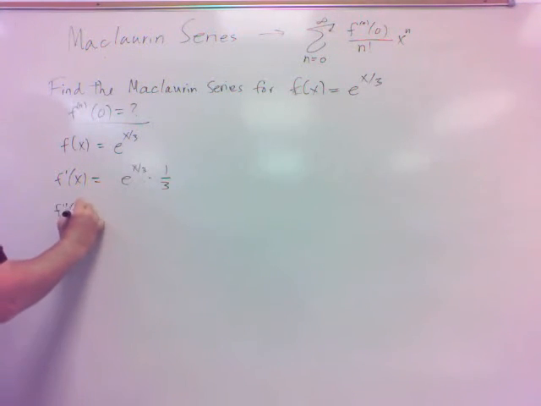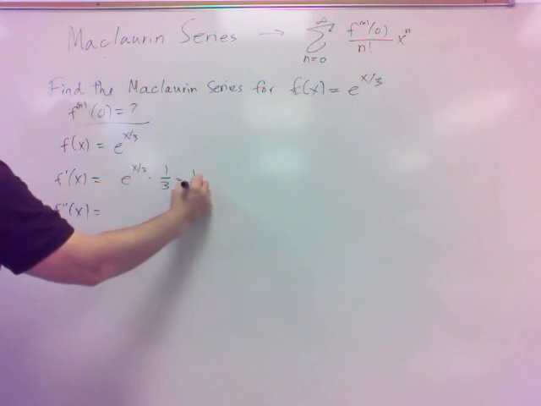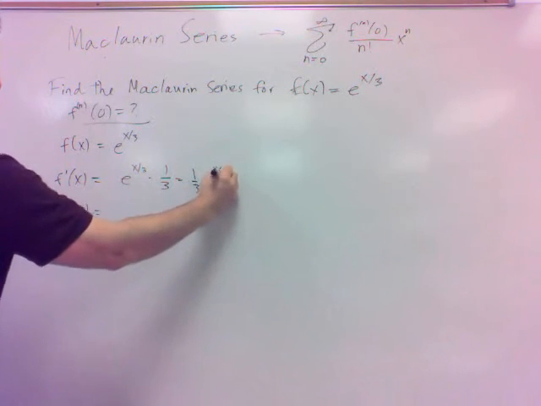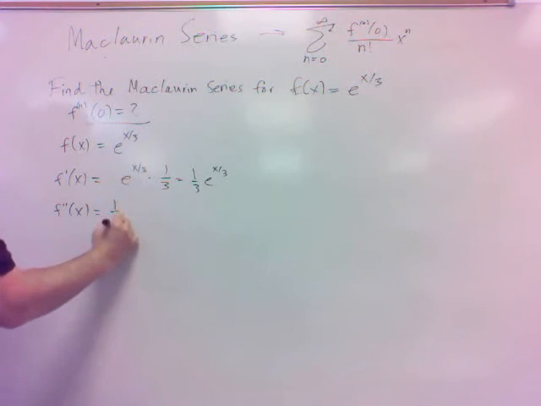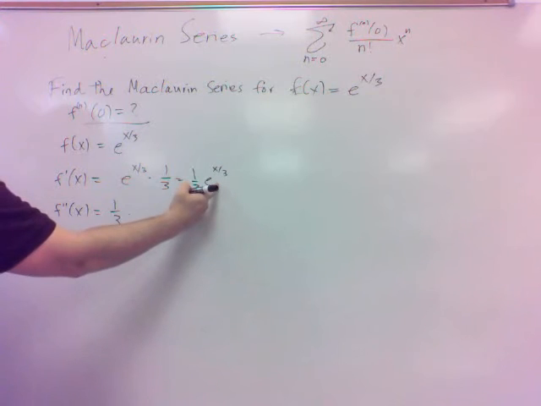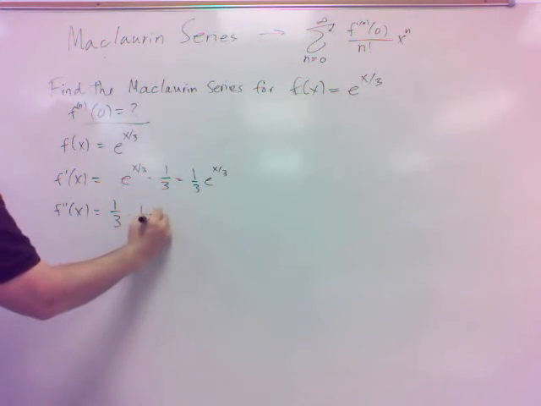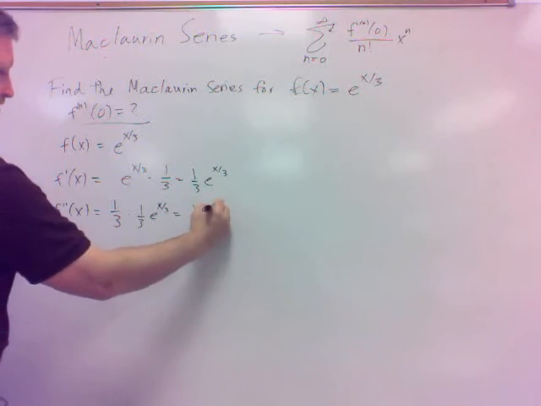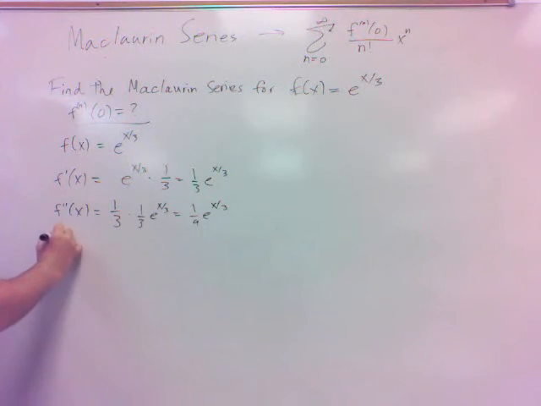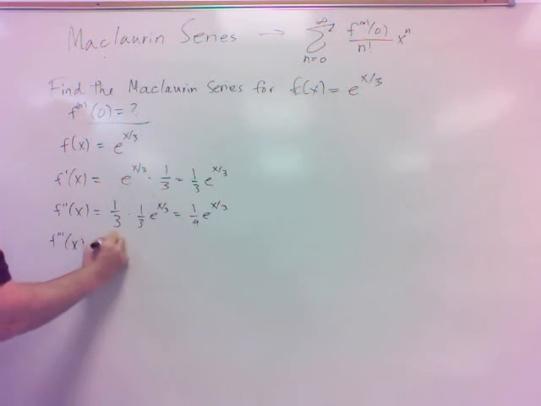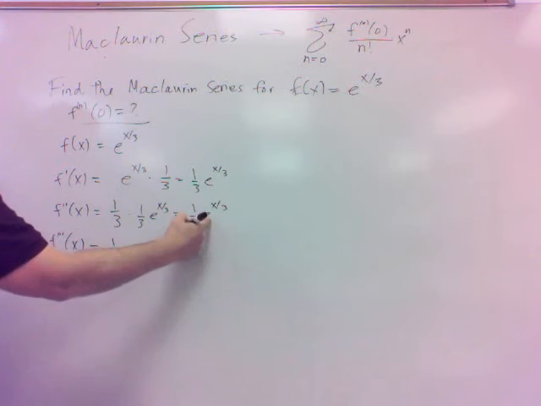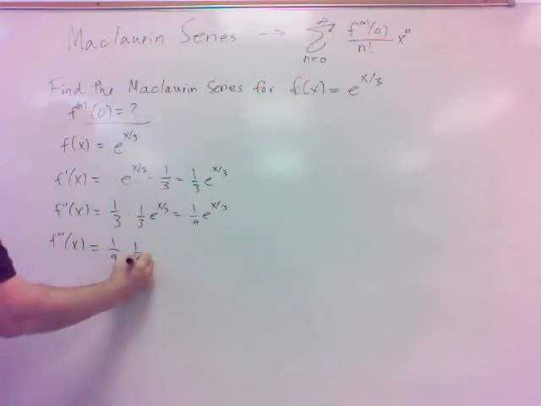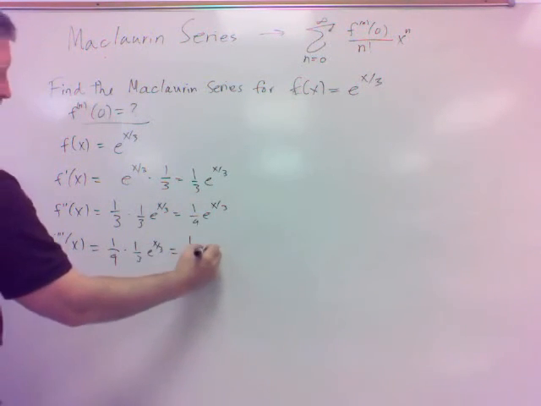So this is 1/3 e to the x over 3. The second derivative would be 1/3 times the derivative of e to the x over 3, which is 1/3 e to the x over 3. That makes it 1/9 e to the x over 3. The third derivative would be 1/9 times 1/3 e to the x over 3, which is 1/27 e to the x over 3.